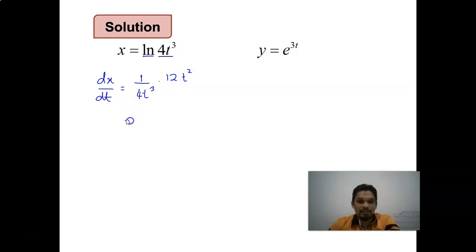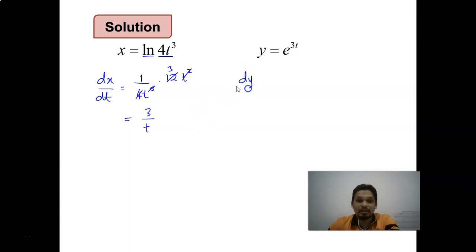So 12 divided by 4 equal to 3, then t squared divided by t cubed, and it is now equal to 3 divided by t.